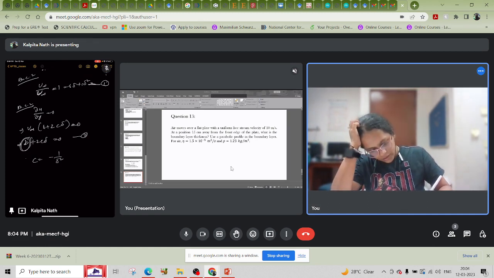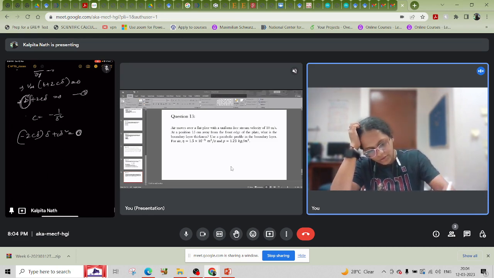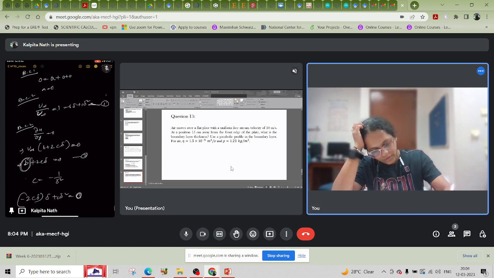How? Minus 2c delta in equation 1 plus c delta square is equal to 1. Sorry, not 0, it is equal to 1.